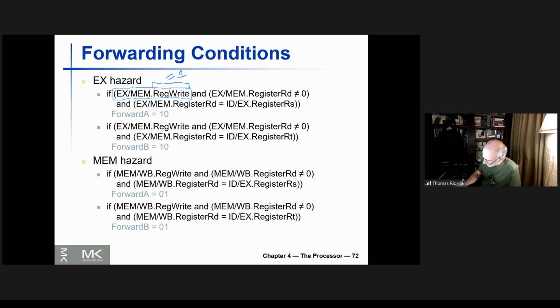And then here's the comparison, where we're comparing RD against RS. The only difference between these two equations is that here we're comparing RD against RT, and here we're comparing RD against RS. So conceptually, these two equations are identical. And then here we're checking that it's not equal to register 0.